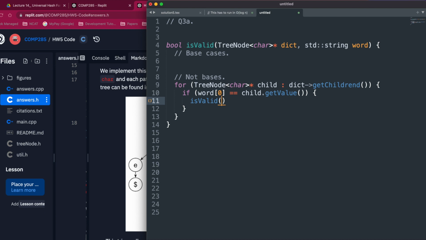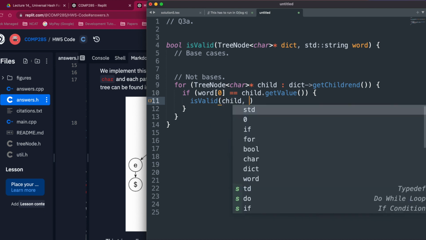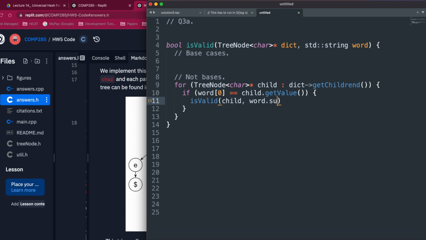So we would call ourselves recursively on the child with the rest of the word, starting at 1. This might not be valid syntax, so I encourage you to check, but this is essentially something that you might want to do.